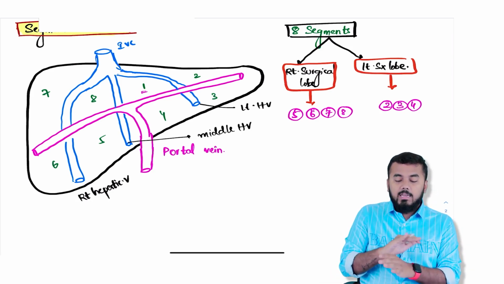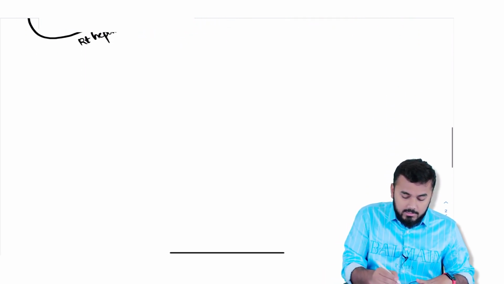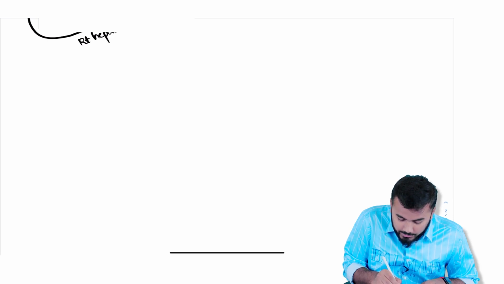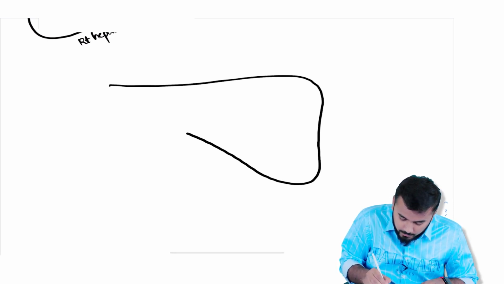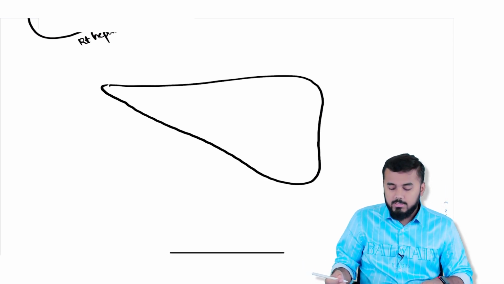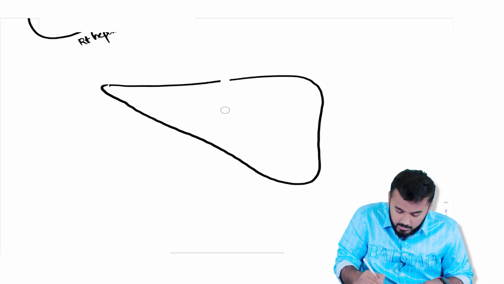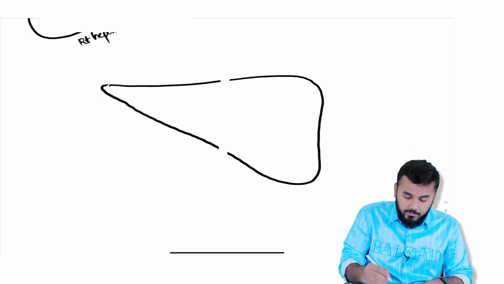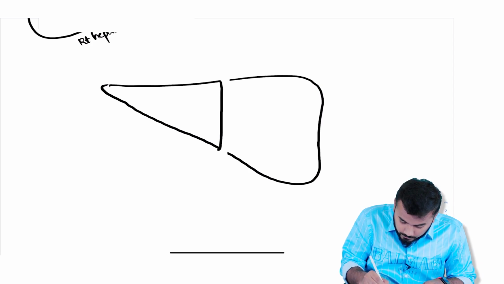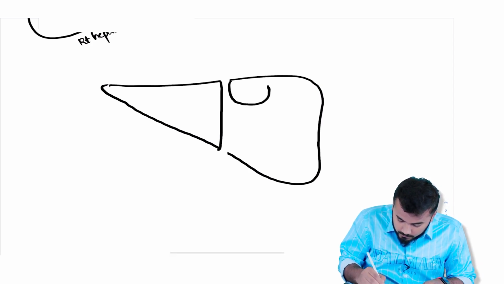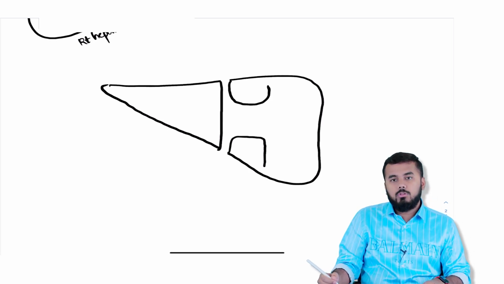Now, if I turn this same liver back, how does the picture look? So this is the liver on the posterior side. This is how the liver looks on the posterior side.